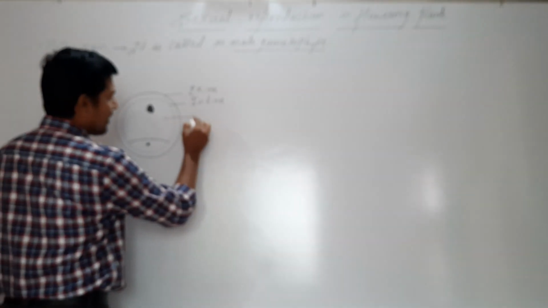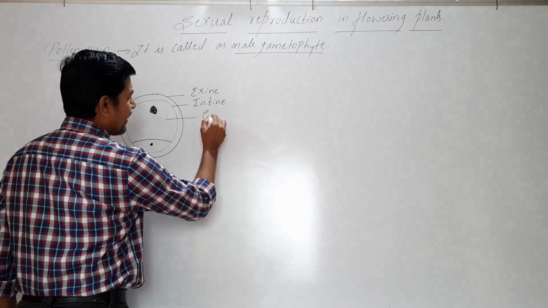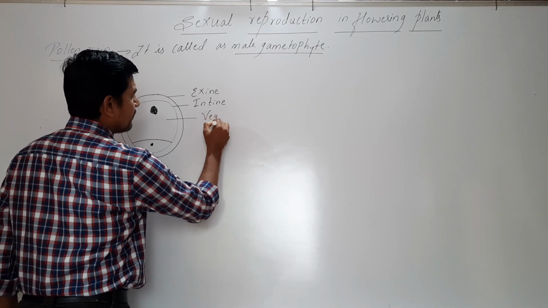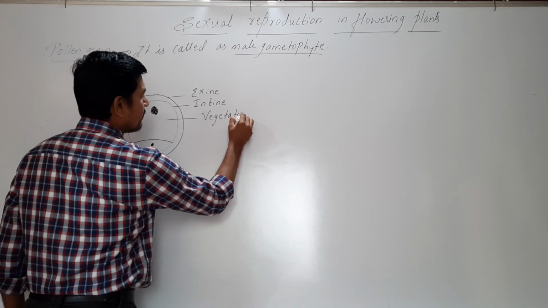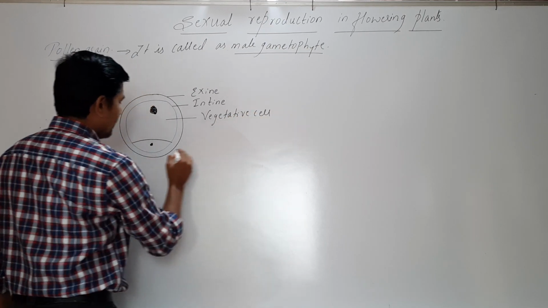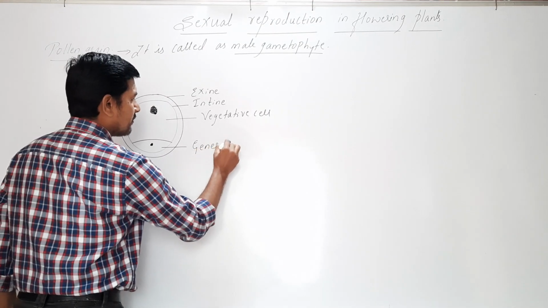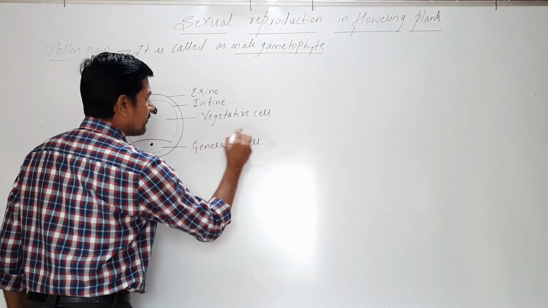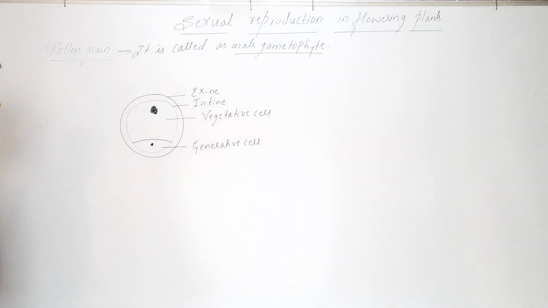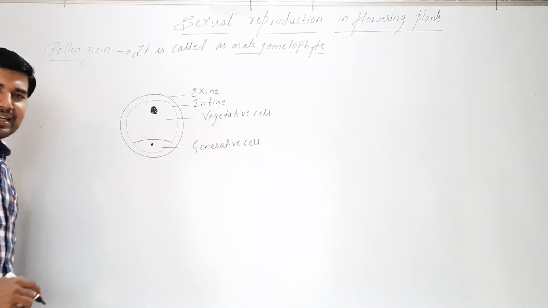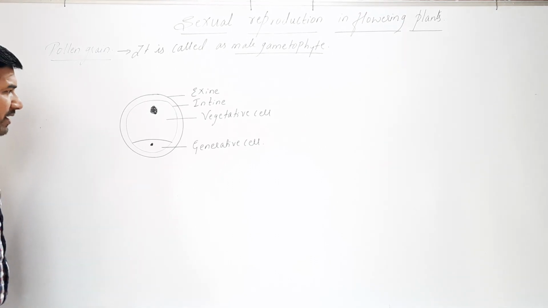Now here we have a cell called the vegetative cell. The second one is called the generative cell. So there are two cells, vegetative and generative. The vegetative cell is larger and the generative cell is smaller.